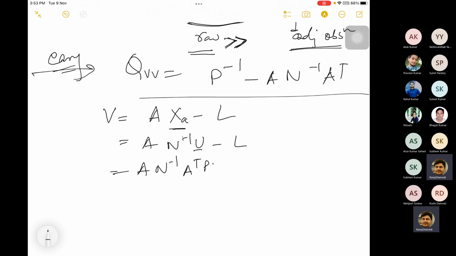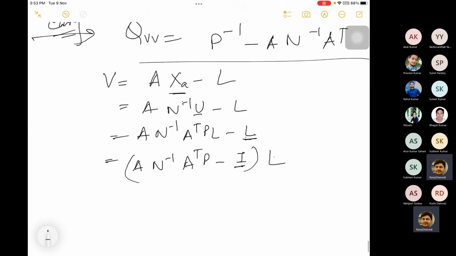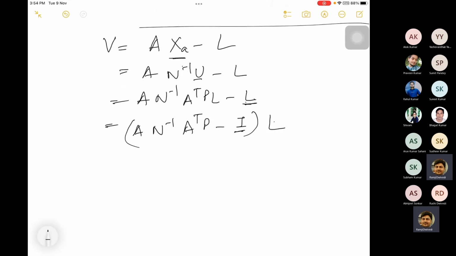U is A transpose PL minus L. You will say A N inverse A transpose P minus identity, L, because if you take L common, L would come out from here, but from here only L is there, so identity would be there. In the matrix, that's how you take the common from a function.